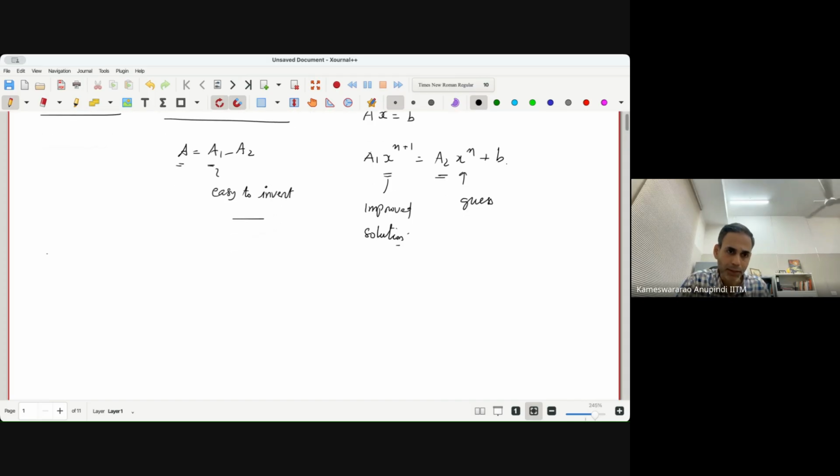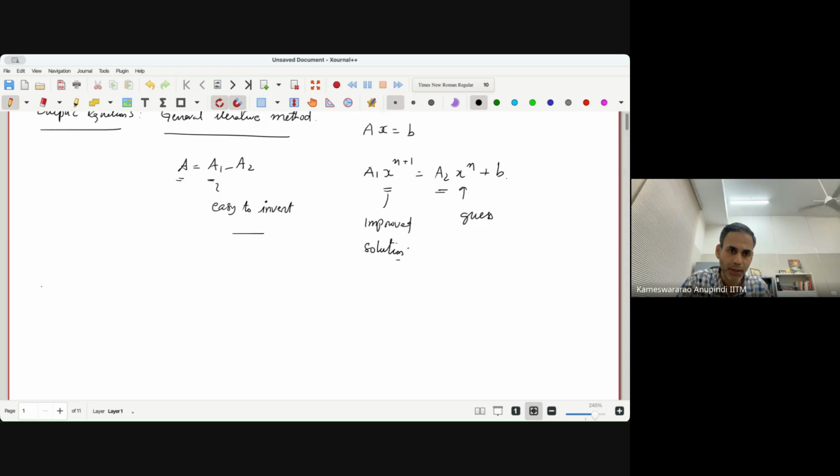There are three different methods which we will learn in the general iterative method. The first one is the point Jacobi method.